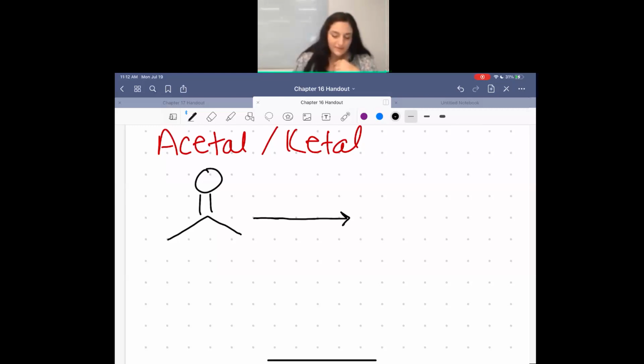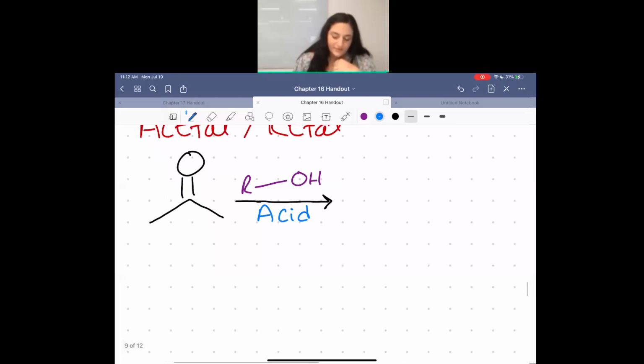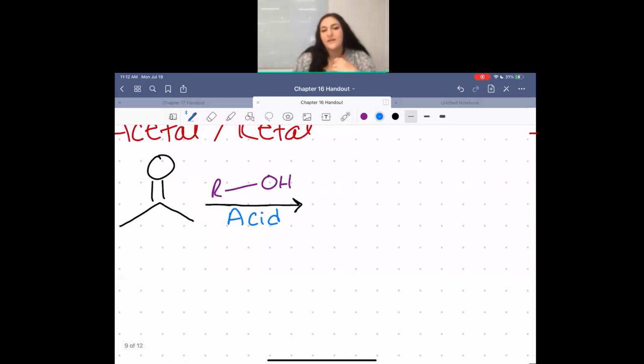What were the reagents? An alcohol, exactly. So let's say an R group attached to an OH. And was there a difference between an acid and a base catalyst? Yes, there was. Okay, so let's do acid first. So when we have an acid catalyst, what did we end up forming? The acetal or the ketol, exactly.